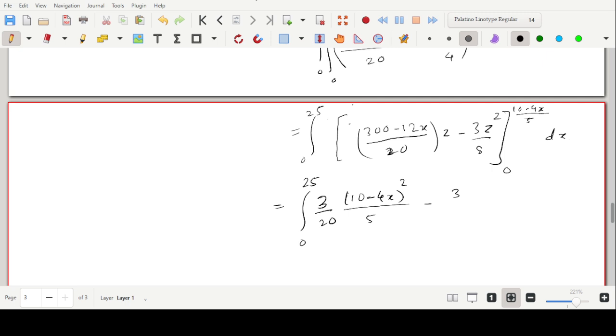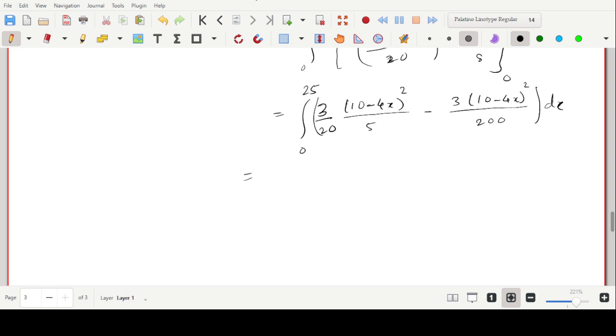So 10 minus 4x the whole square divided by 5 square, so 25, minus 10 minus 4x the whole square divided by 25 multiplied by 8, so that is 200, and this whole is to be integrated with respect to x.